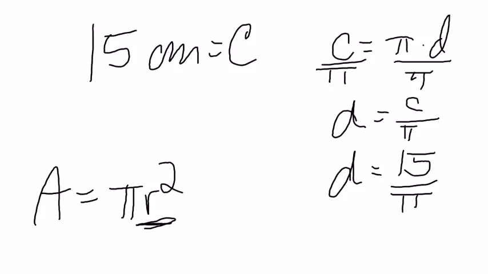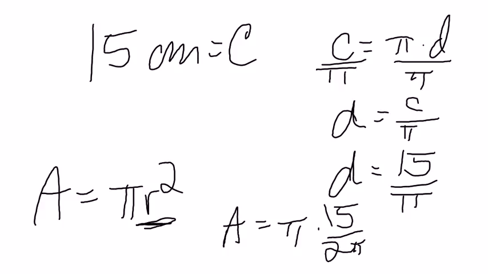If the radius is half the diameter, then the area would be pi times 15 over 2 pi, squared, because that's your radius here. It's half of your diameter, which is 15 over 2 pi.